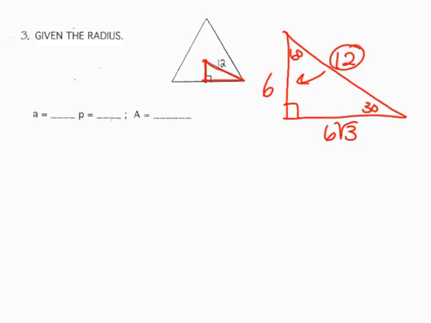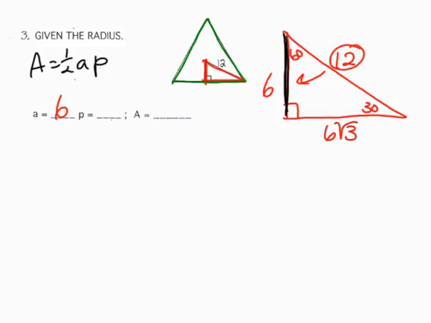Okay, so now that I'm looking over here, remember area equals 1/2 of the apothem times the perimeter. I have the apothem. The apothem is 6. Now I have to figure out the perimeter of this triangle.